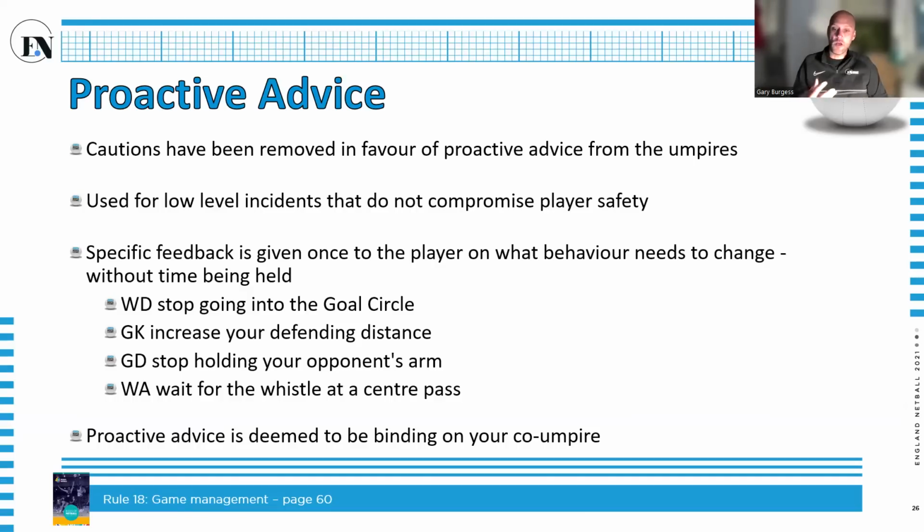Contact. So all of those effective umpiring techniques are still there, but if you need a more direct approach, so effectively, if you have felt that you've umpired that player enough, or they may well do it in one-off examples, you may well feel that proactive advice is useful to change the player's behavior.